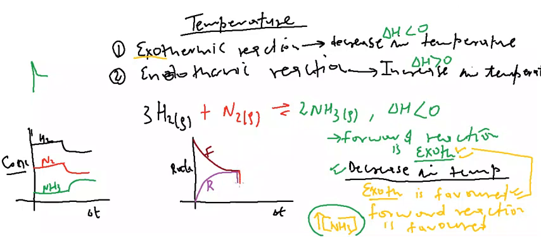But between the two, which reaction is favored? Forward reaction is favored. Therefore, forward will decrease a little, reverse will decrease a lot, because reverse is not favored. Forward decreases only a little, then reaches equilibrium. Forward will be higher on the graph because it is favored, and reverse will be lower because it is not favored. So they reach another equilibrium.